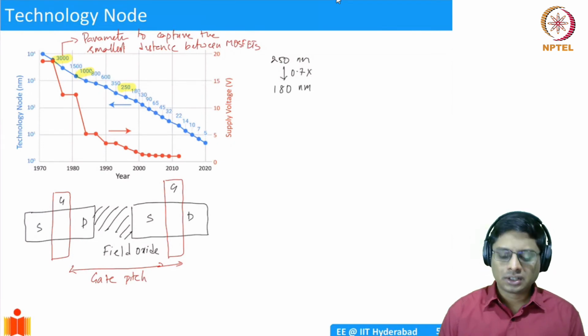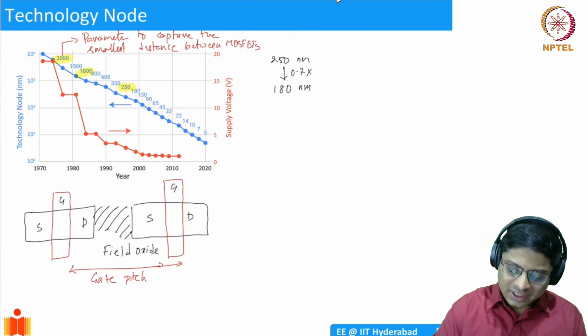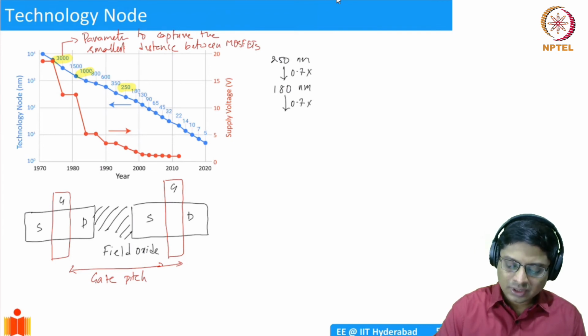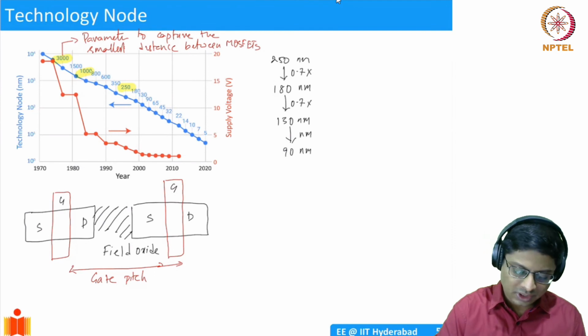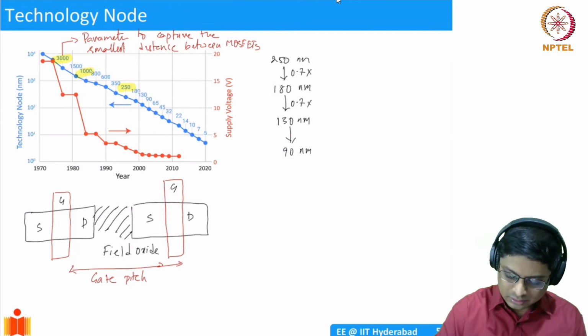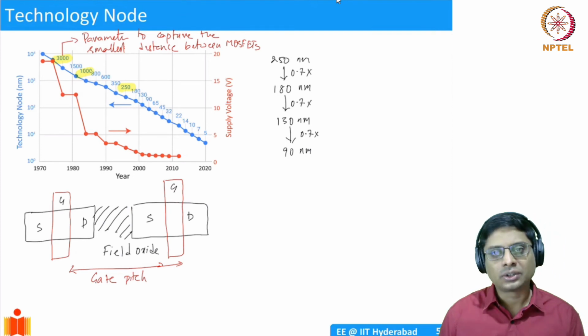Okay. And then if you shrink it again by 0.7 times, this will be 130 nanometers. And if you shrink it again, you get 90 nanometers. Okay, and so on.